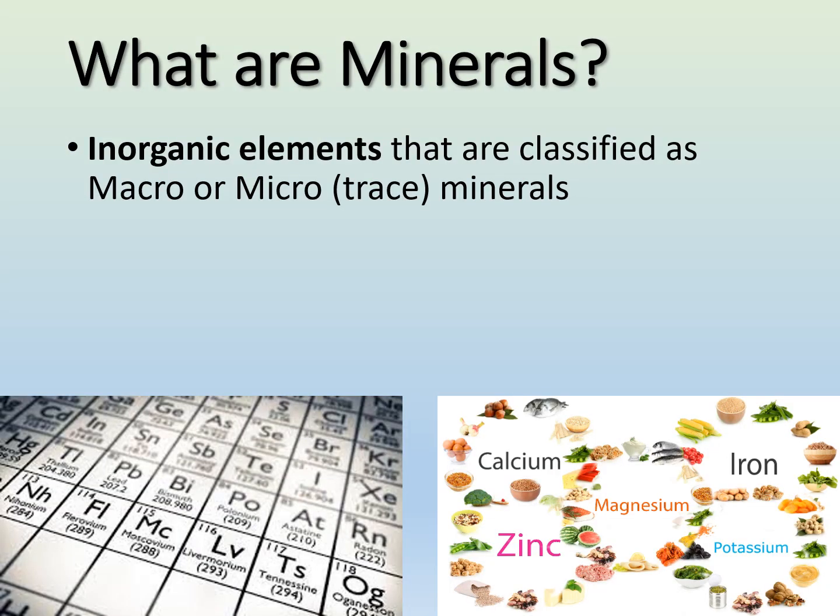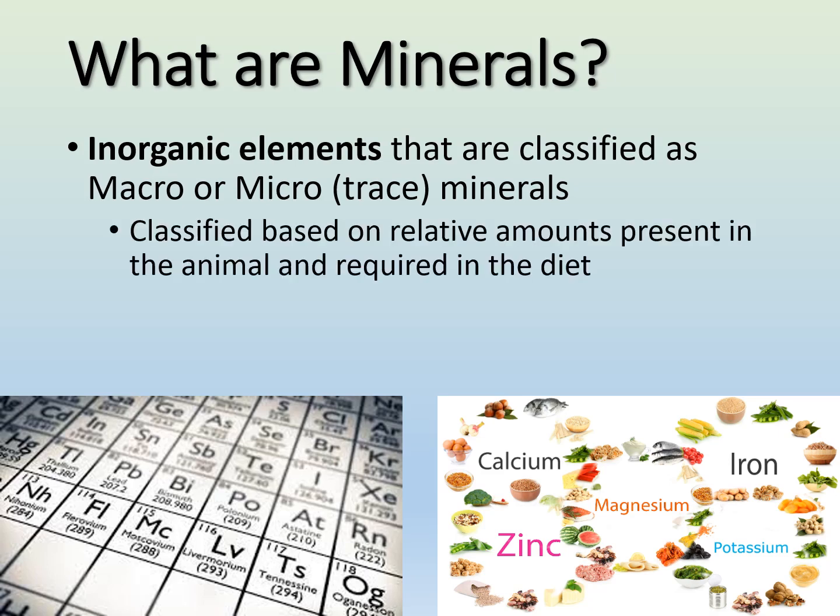So what are minerals? In contrast with vitamins, which are organic compounds, these are inorganic elements, and they can be classified as either micro or macro minerals. So what does macro and micro mean?